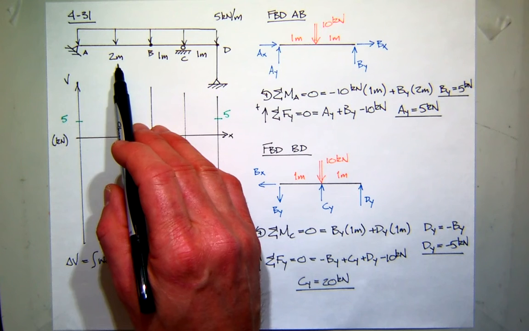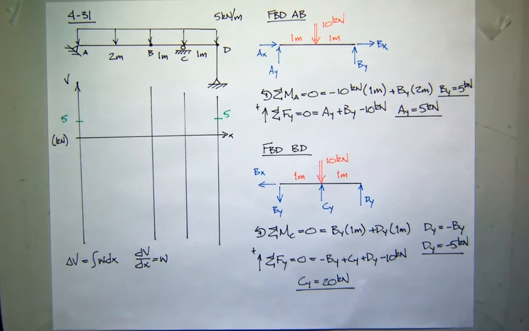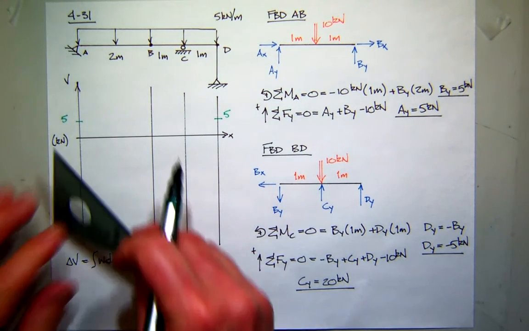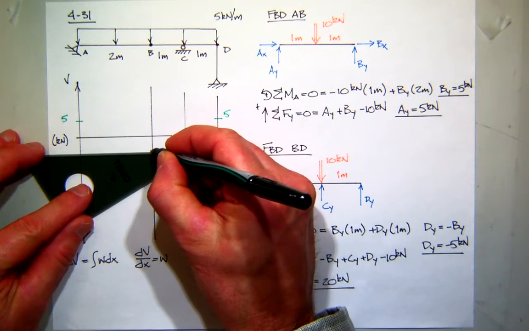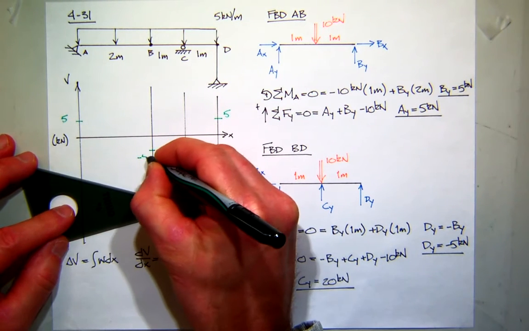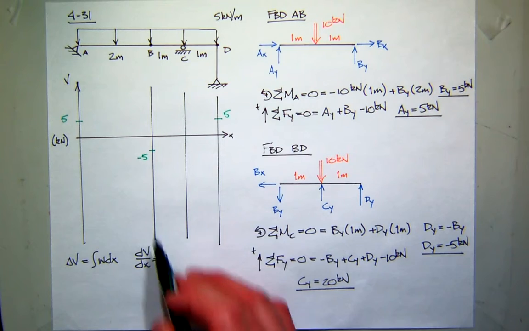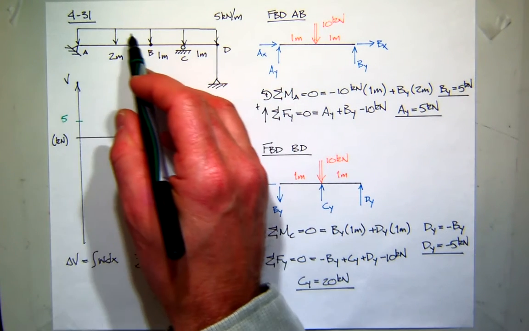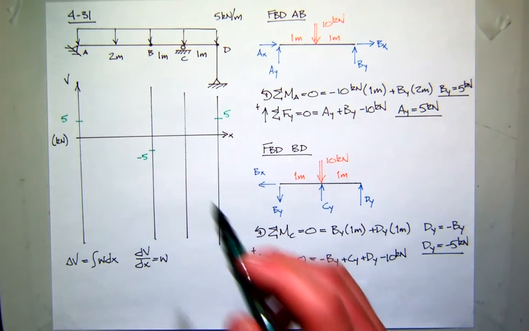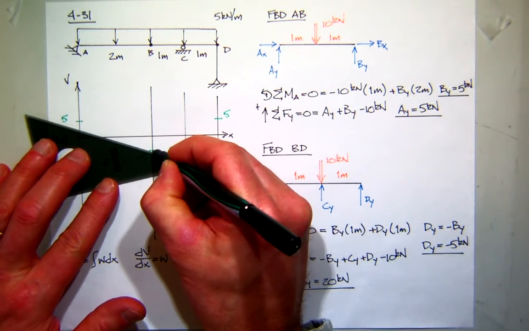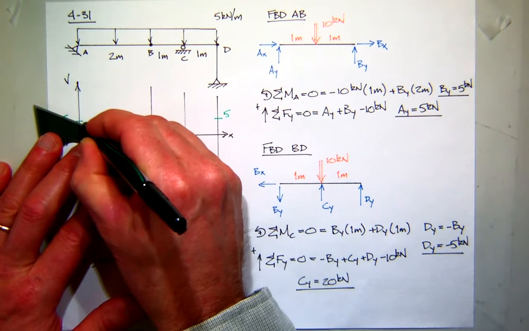It's minus 10, right? So I'm going to start at 5, I'm going to subtract 10, and that brings me to minus 5. And what's the slope? Well, it's equal to the load, and you can see the load is constant and negative, so I should get a curve that looks something like that.